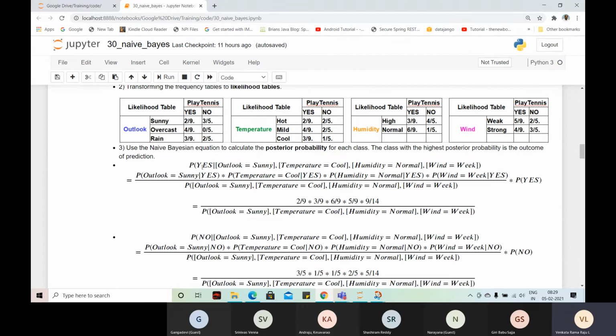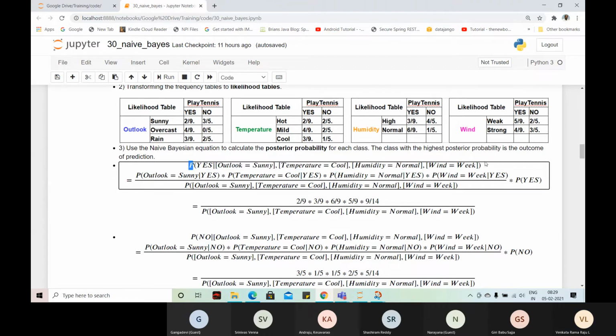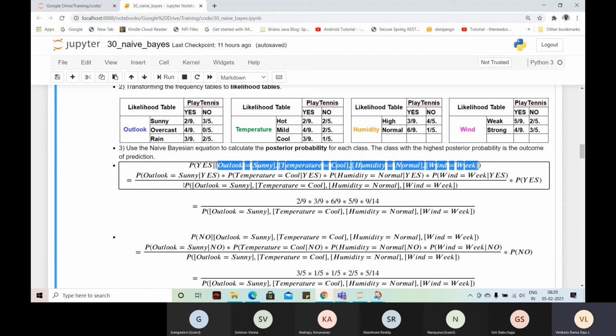So I am calculating y given input. To calculate that, this is the naive Bayes algorithm: probability of sunny given y, times probability of temperature given y, individual variable given y variable, individual variable given y variable.